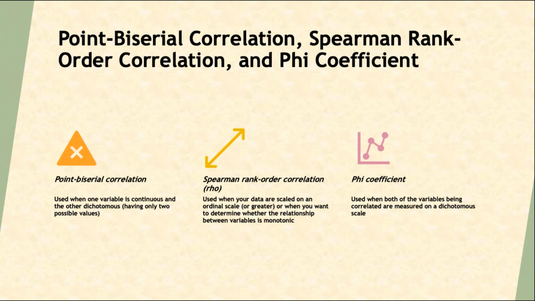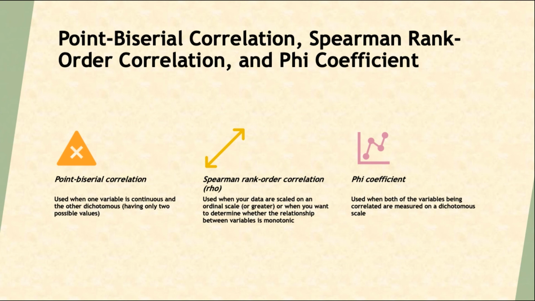You may have one variable measured on an interval scale and the other measured on a nominal scale. For example, perhaps you want to investigate the relationship between self-rated political conservatism measured on a 10-point scale and whether or not a person voted for a particular referendum, yes or no.